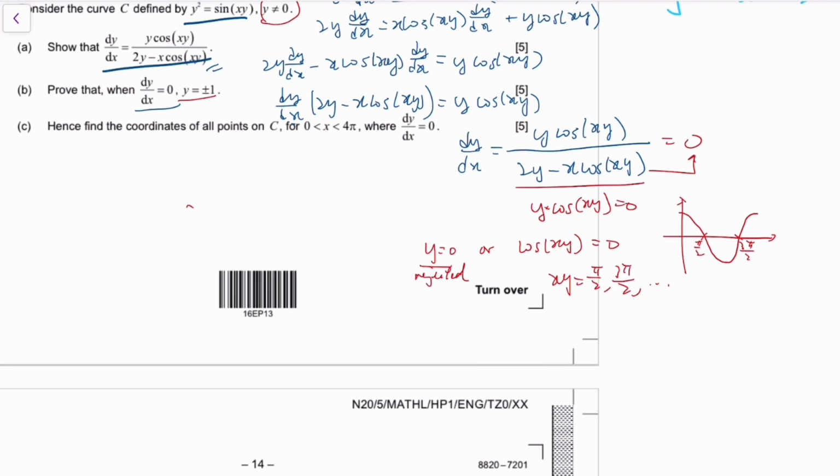But if you really want to, those are the odd multiples of pi over 2. Okay, that would be the general way of writing the solutions to when cosine is 0. So now we only have the condition that x times y is those things.